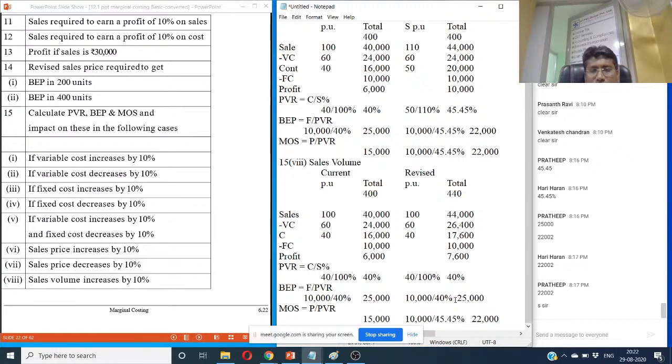And margin of safety will be different. 7,600, and this is 40%. Margin of safety 19,000. Am I right? Are you able to understand this?